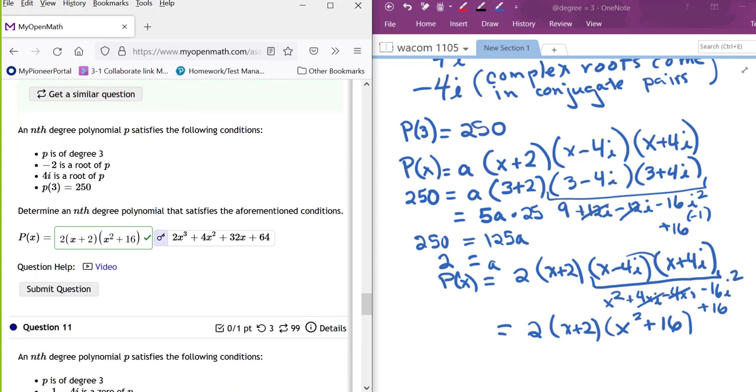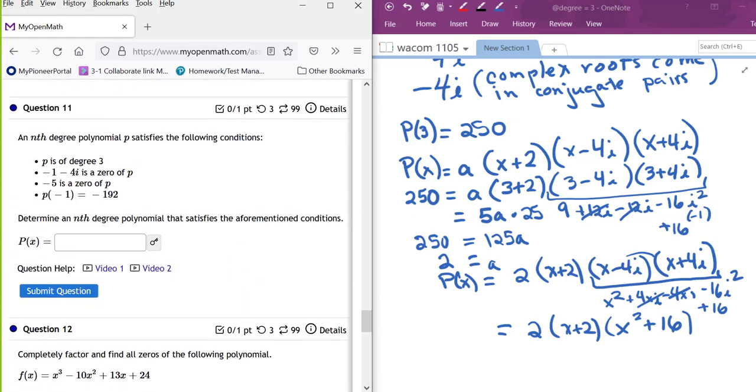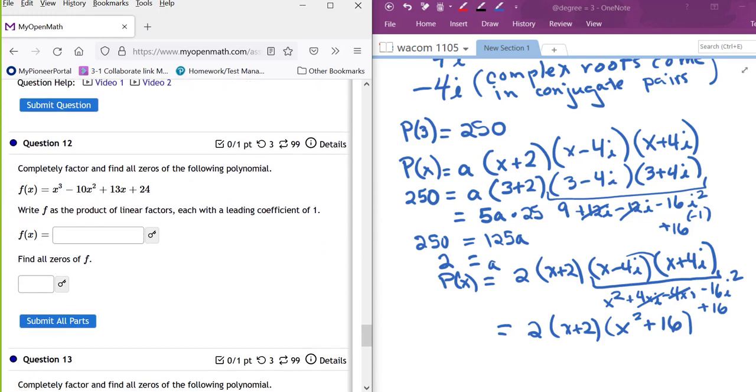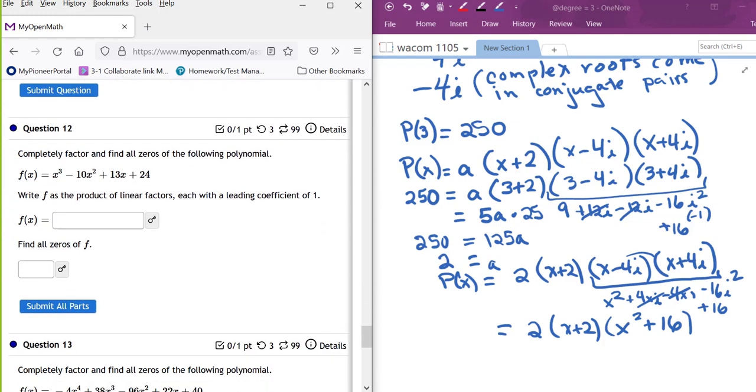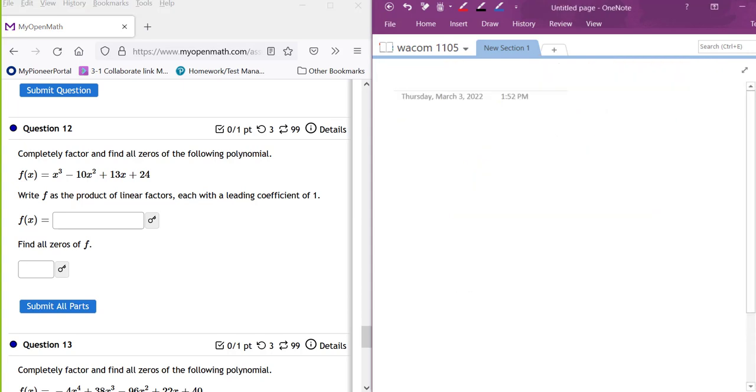I had a sign error on it when I worked it, but I want to get to 14, so let's do 12. All right, and they say completely factor it and find all the zeros of the polynomial.